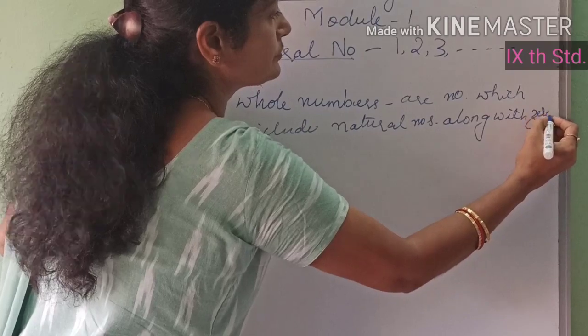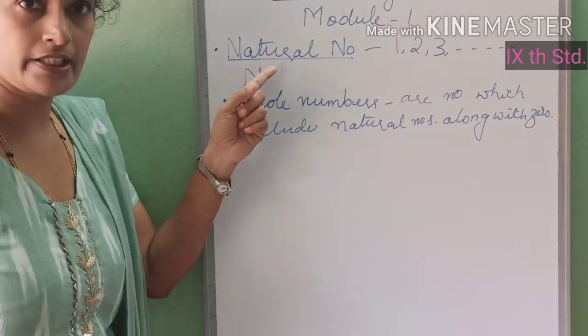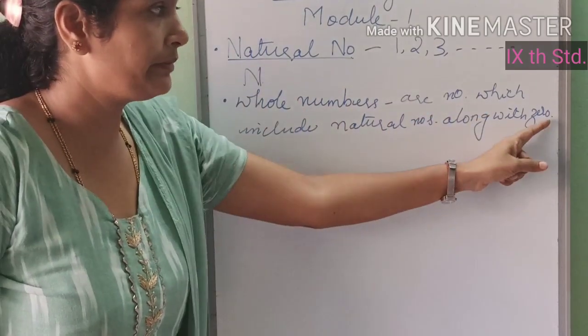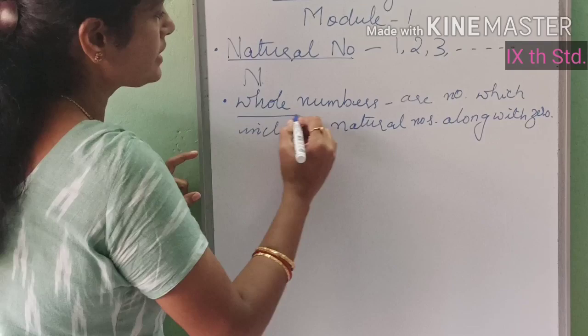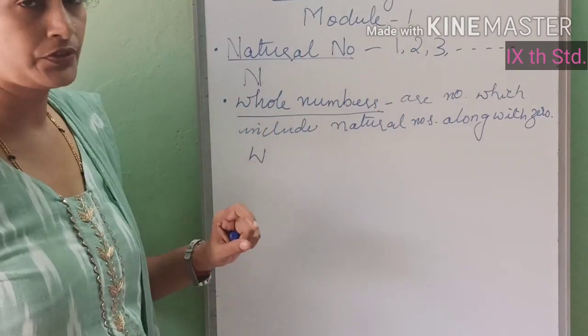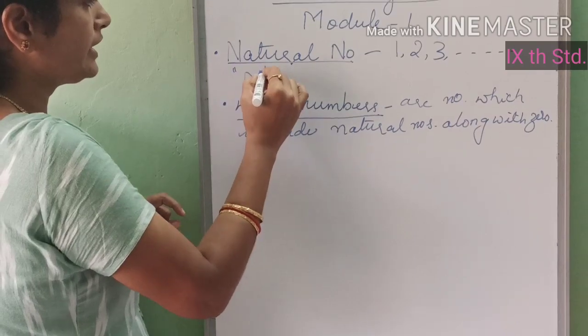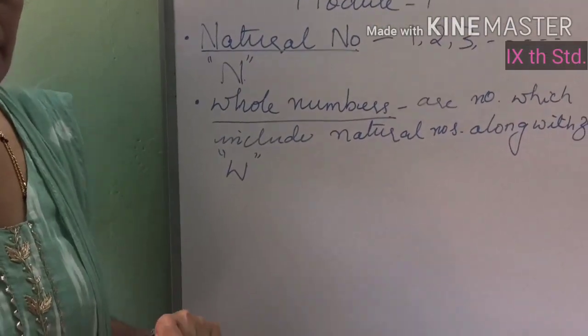That means the set of whole numbers is greater than natural numbers by one element. That element is 0 here. Natural numbers are denoted by the letter N, whereas whole numbers are denoted by the letter W.